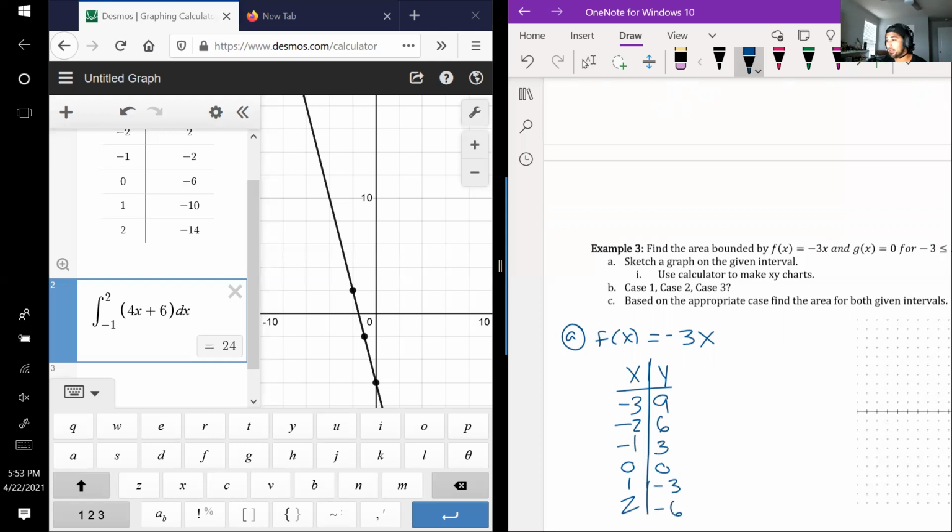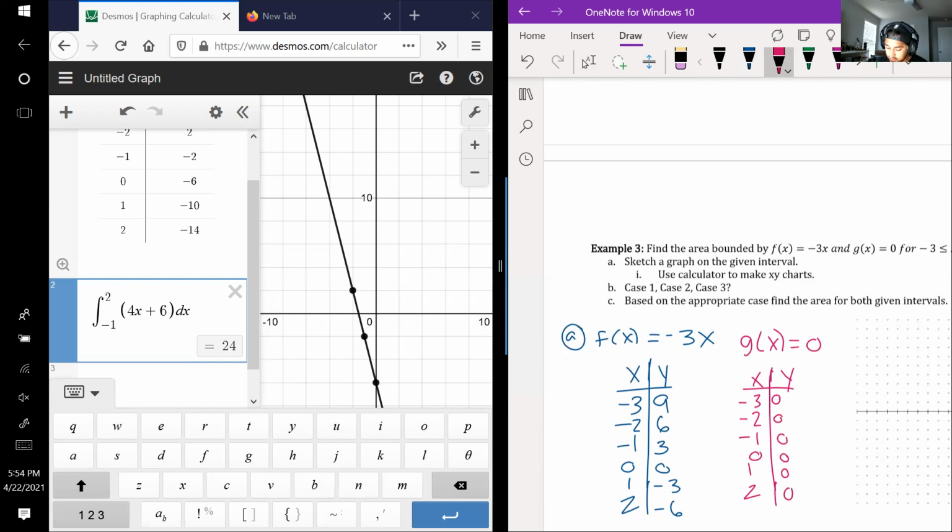All right. Cool. And then for g of x equals 0, it's going to be the same as the other ones. For x and y, for -3, -2, -1, 0, 1, 2, no matter what, the y value is always 0.